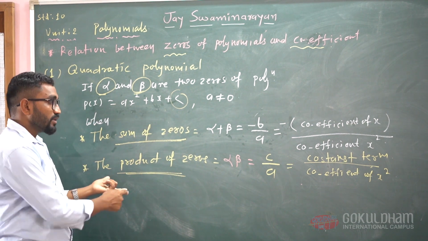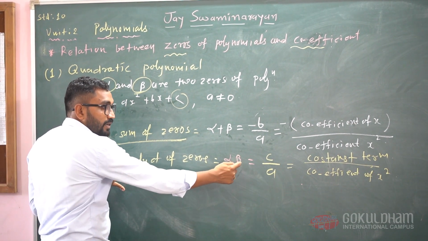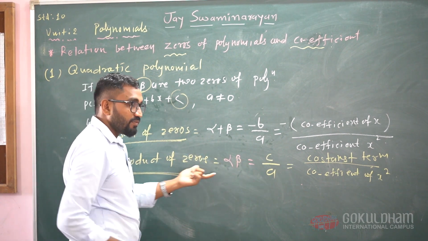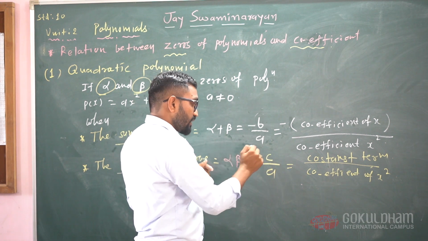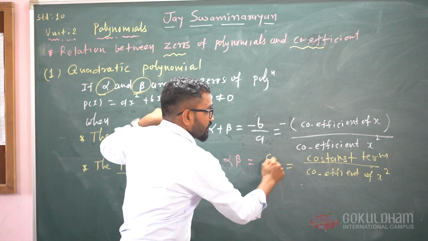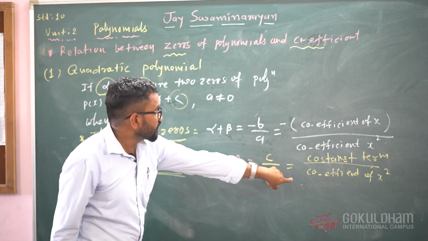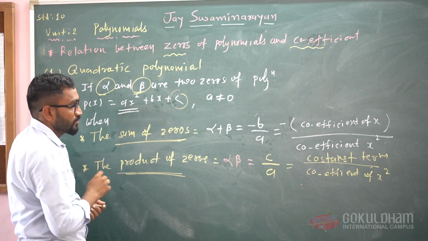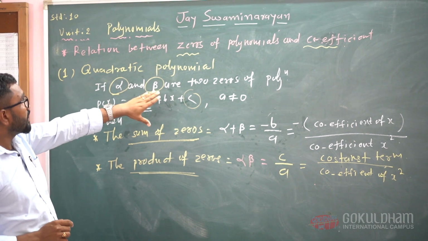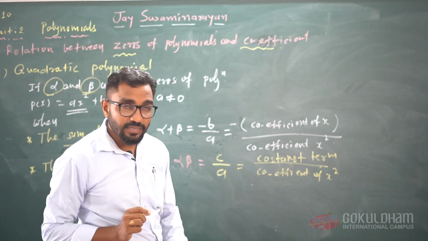In the same way, for the product of zeros, alpha and beta, the multiplication of the two zeros, alpha into beta, is c by a. c means the constant term, and a is the coefficient of x square. Okay, so for quadratic polynomials, the relation between zeros and coefficients is complete.